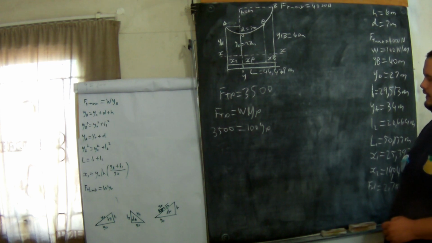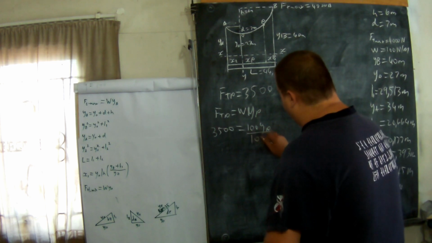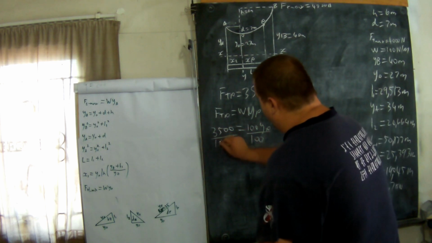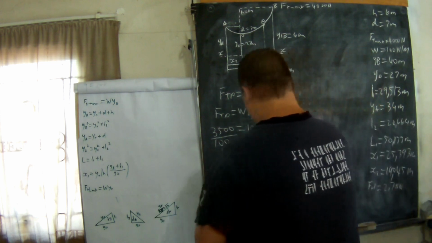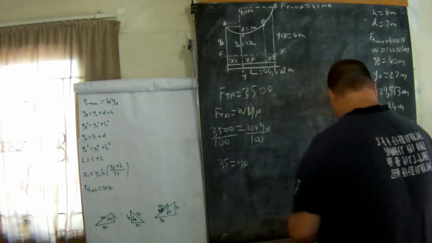Now we divide by 100 on both sides. Then we have 35 is equal to YP. That'll be important later.